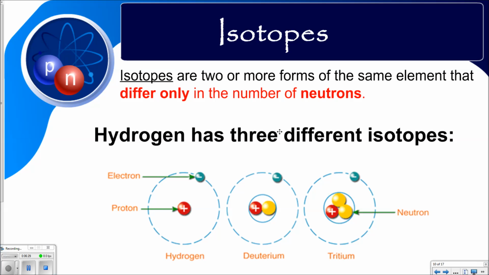One form of hydrogen has 0 neutrons. Deuterium has 1 neutron, and tritium has 2 neutrons. As you can see in the picture, though, this is neutral because they each have 1 proton and 1 electron. So again, isotopes differ in the number of neutrons only.